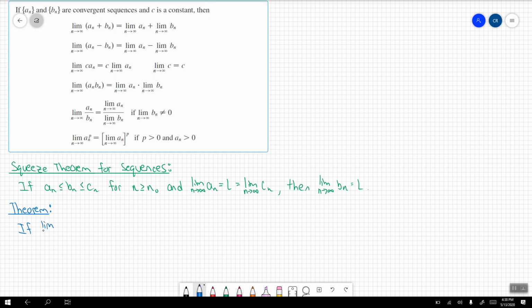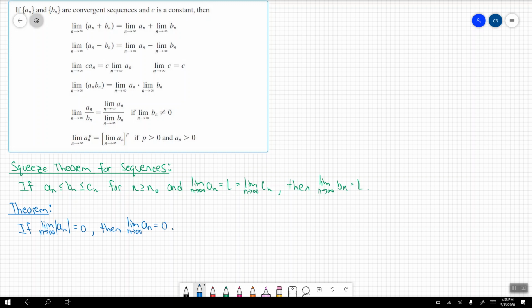If the limit as n goes towards infinity of the absolute value of a sub n is equal to 0, then the limit as n goes towards infinity of a sub n must also be 0 as well.